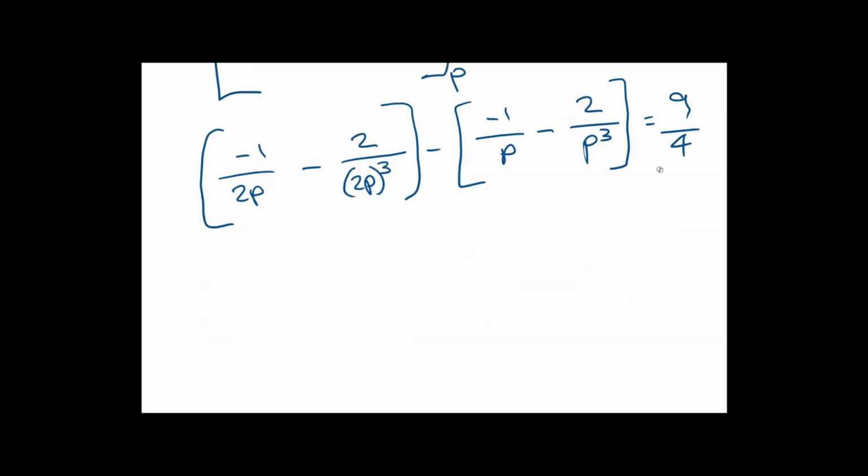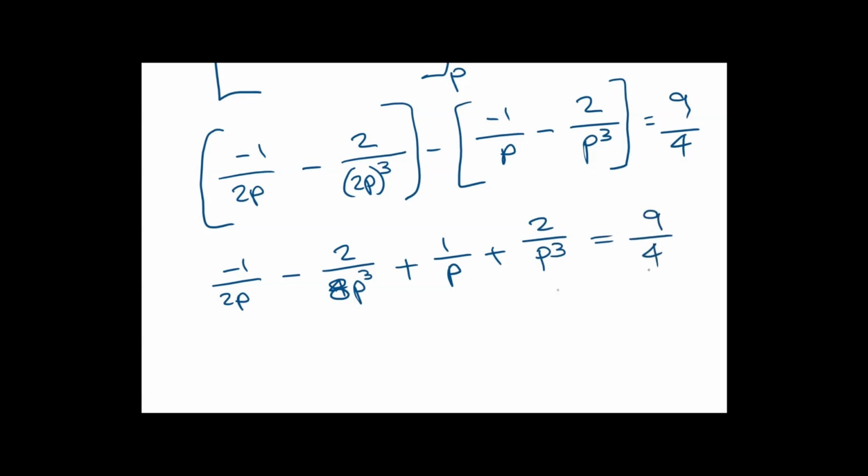So when we come to rewrite this, this is going to be equal to negative 1 over 2p, negative 2 over 8p cubed, since 2 cubed is 8, plus 1 over p plus 2 over p cubed equals 9 over 4. And that 2 there is making my life a bit funny.